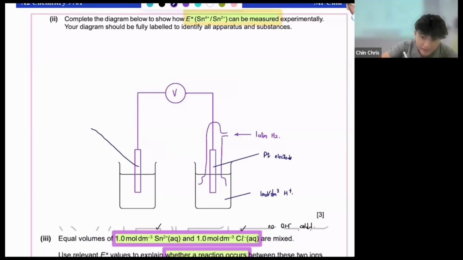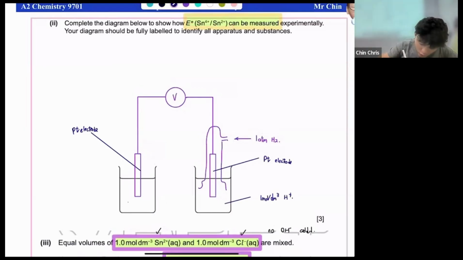Alright, guys, this side is also a Pt electrode because you are examining multiple oxidation states. So you must have 1 mol per dm cube of Sn4+ and also 1 mol per dm cube of Sn2+.